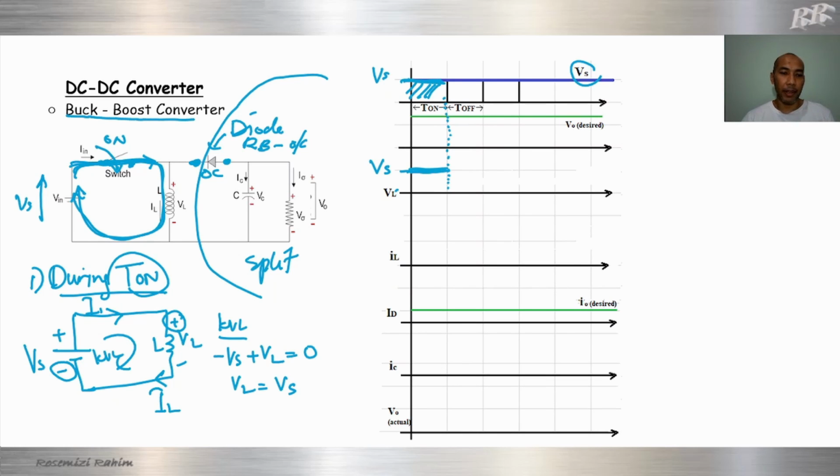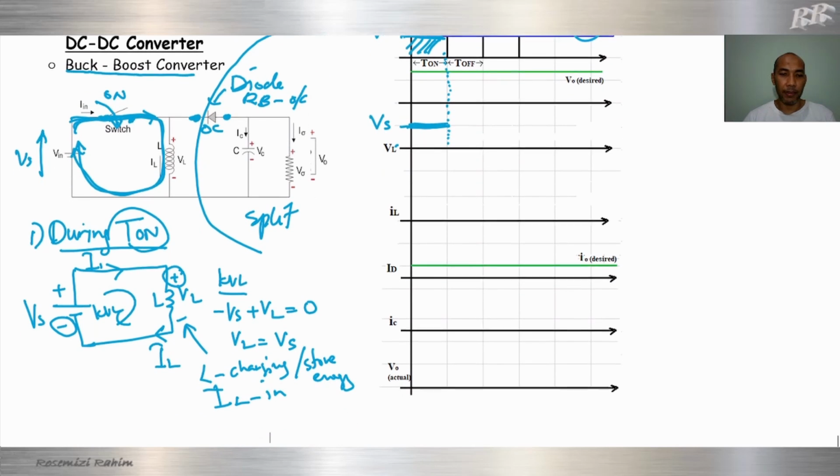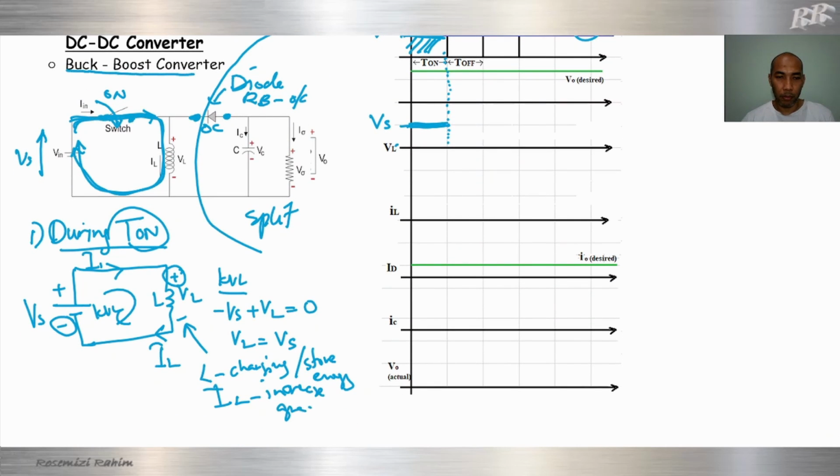Next is what IL is. We know the characteristic of the inductor is that it will charge and store energy. So IL will increase gradually due to charging of the inductor.